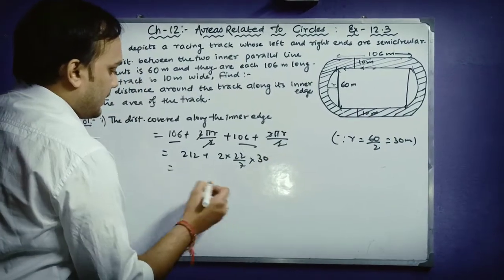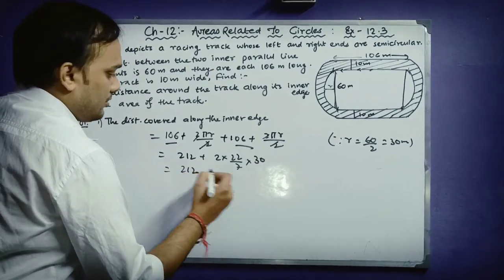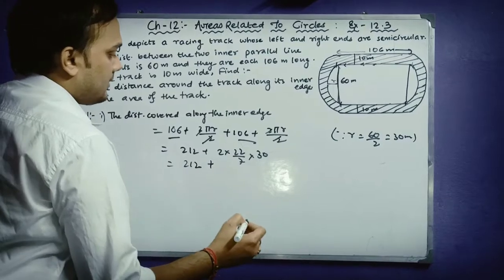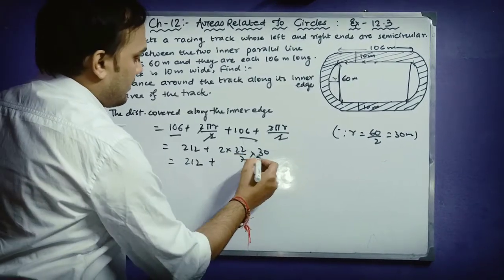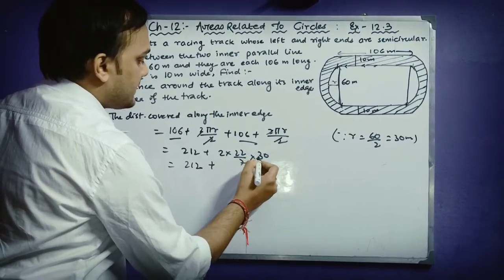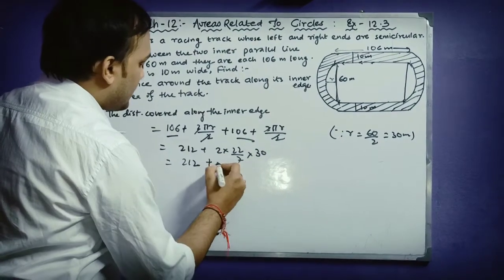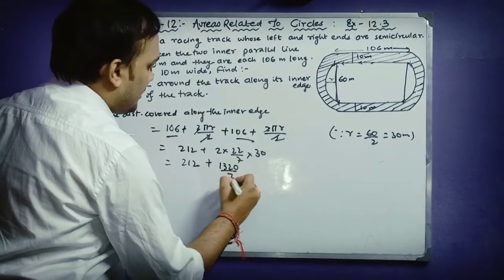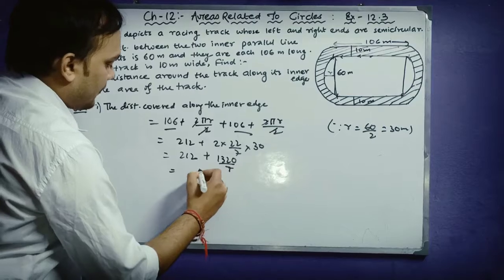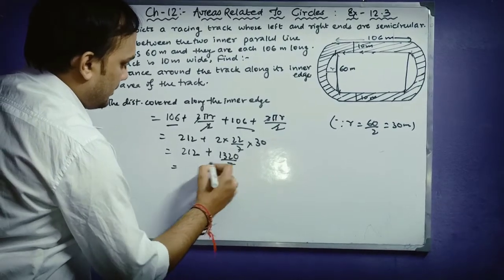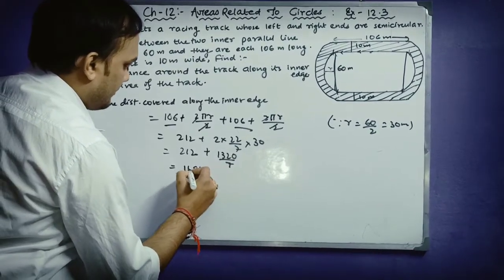So we get the answer as 212 plus, 22 3s are 66, 66 2s are 132, 1320 by 7.